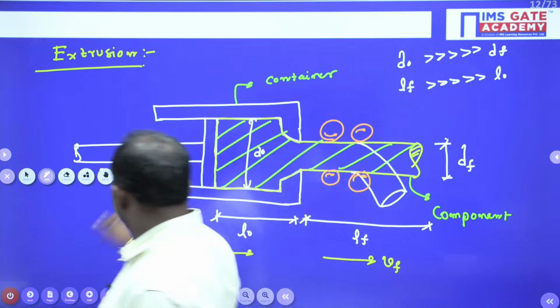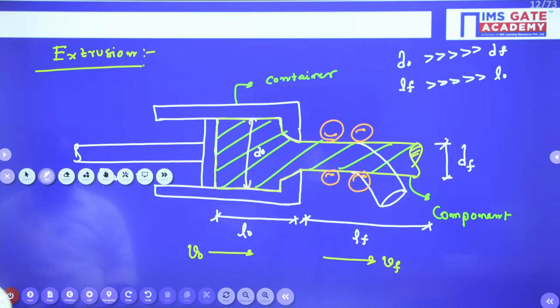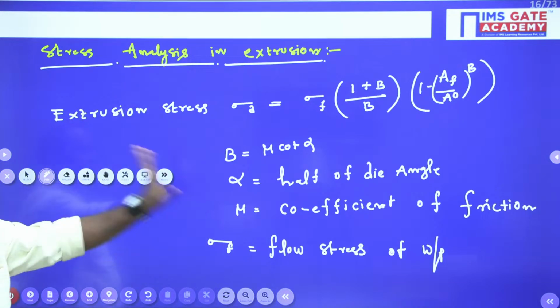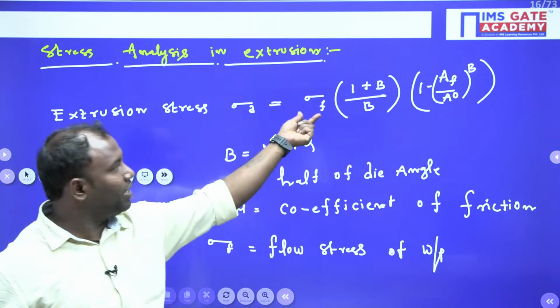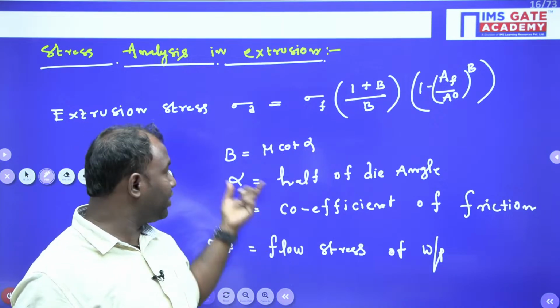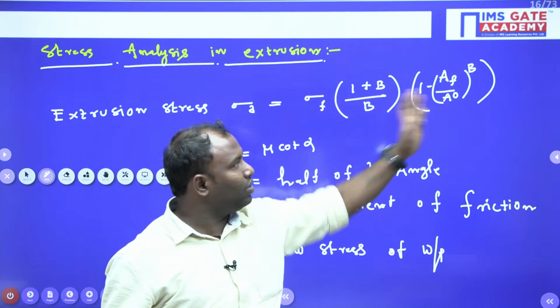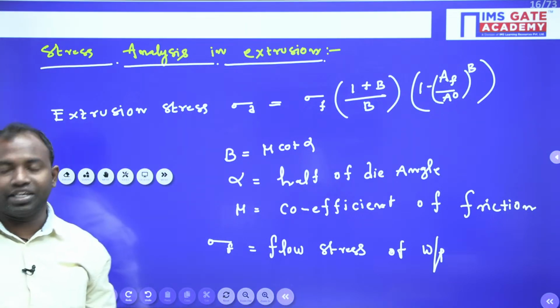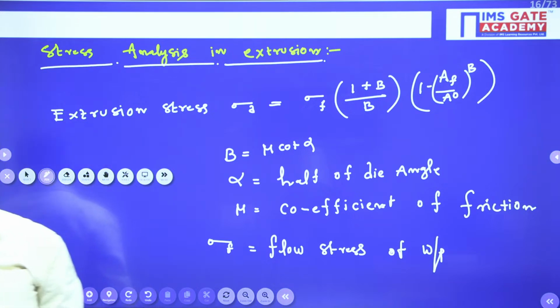Now, they will give you D naught and DF, and then you are supposed to calculate the extrusion stress like this. If the coefficient of friction and die angle are given, you can calculate B and substitute all these values here, so that you are going to get the extrusion stress. Yes guys. Okay.